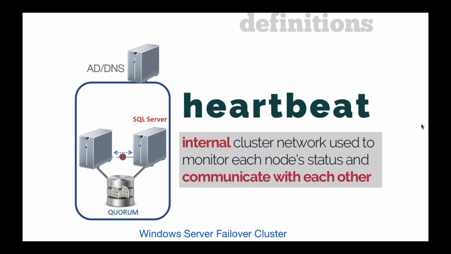This is also one of the most important concepts because in the past, Windows required that you have a dedicated heartbeat network just for the inter-node communication. Windows Server 2008 allowed you to build a cluster even with a single network adapter, and that's fine. Not a big fan of it because there's a reason why you're building a failover cluster.